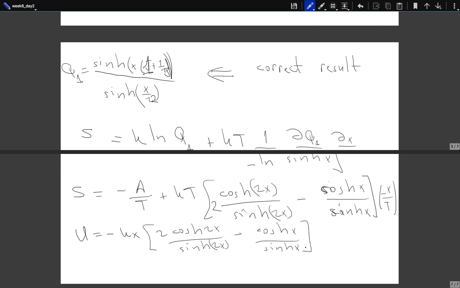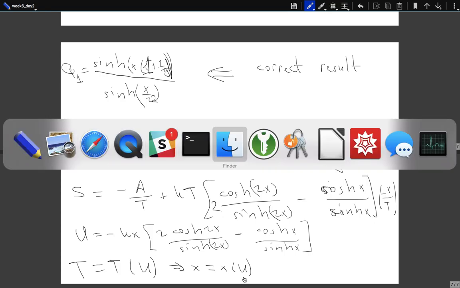Now, the first thing I would like to do is find the temperature as a function of U. That is what I would like to solve. And of course, this just means I would like to express x as a function of U. Let me cheat. Let's not do all the derivations. In the book, there is already the result.